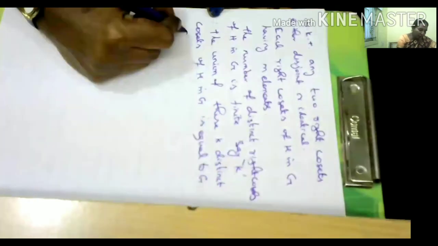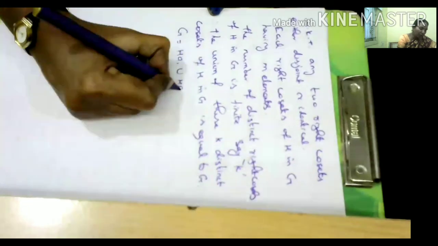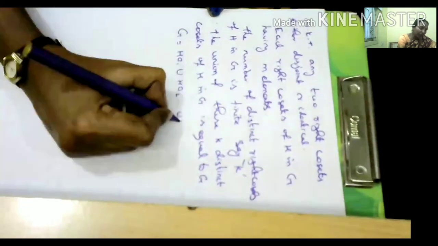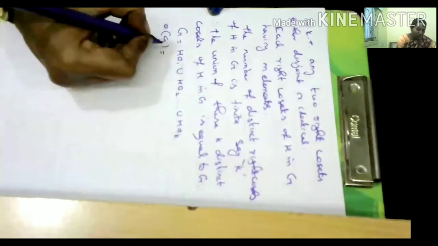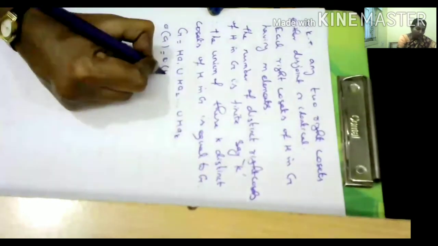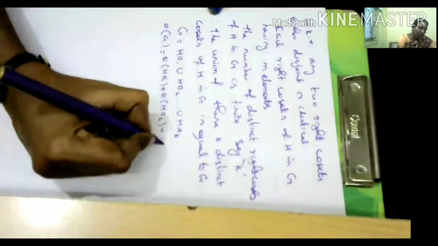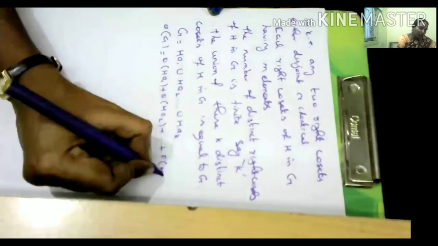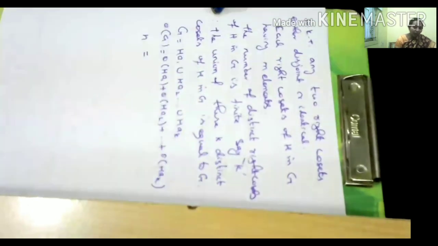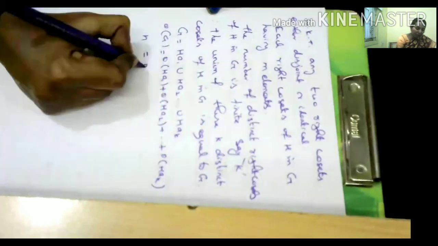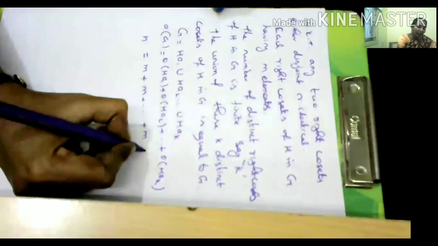So therefore G is equal to HA1 union HA2 etc. union HAK. So order of G is equal to order of HA1 plus order of HA2 plus etc. plus order of HAK. Order of G is N, and order of HA1 is M, plus etc., M added K times.